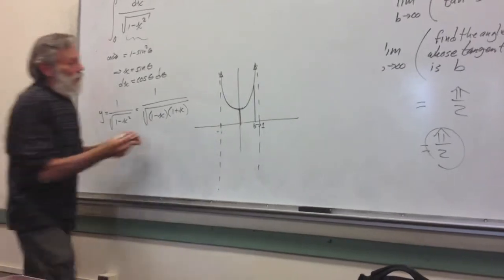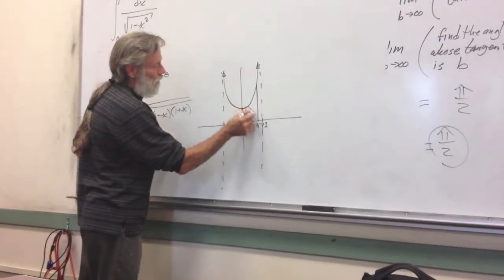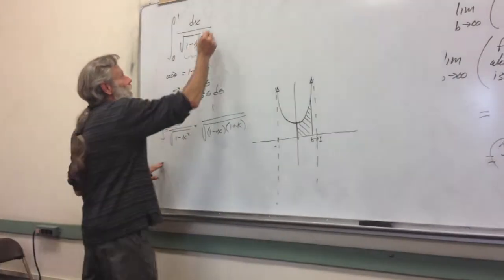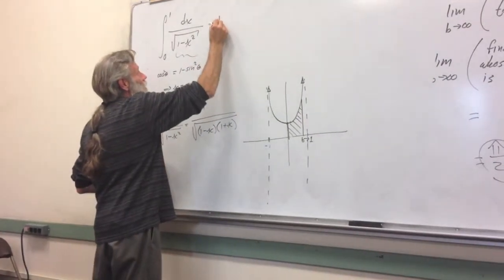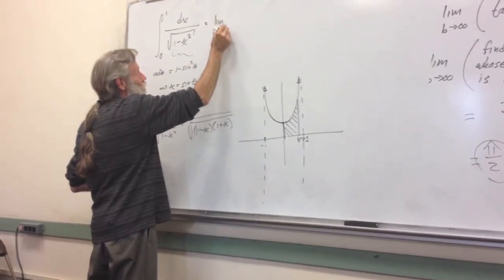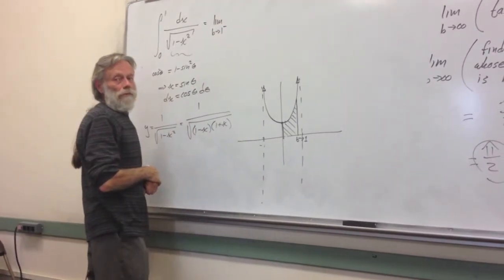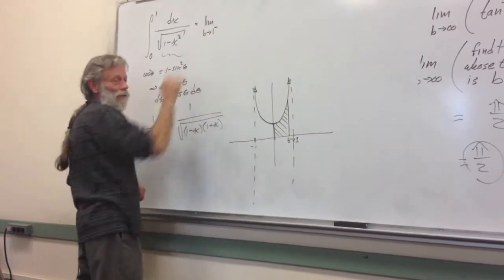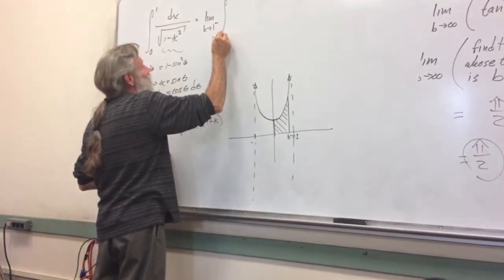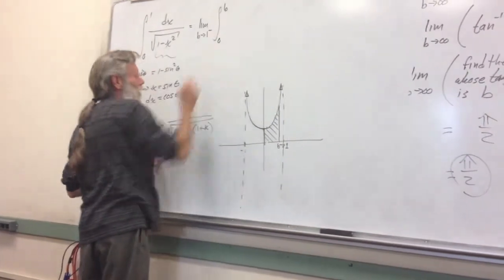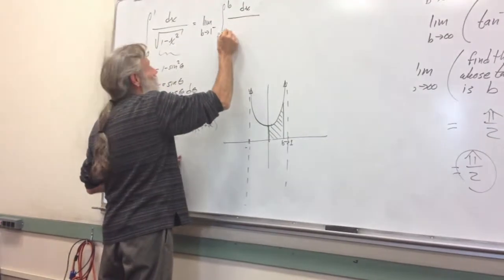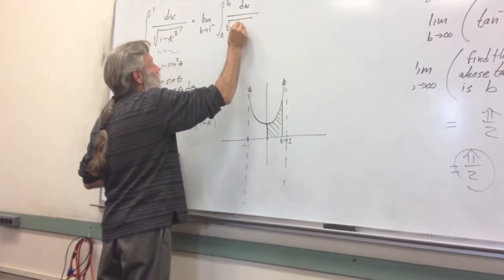So I know that I should be writing this as a limit as b approaches 1 from the smaller side, from the left, that's the superscript negative there, of an integral from 0 to b of dx over the root of 1 less x squared.